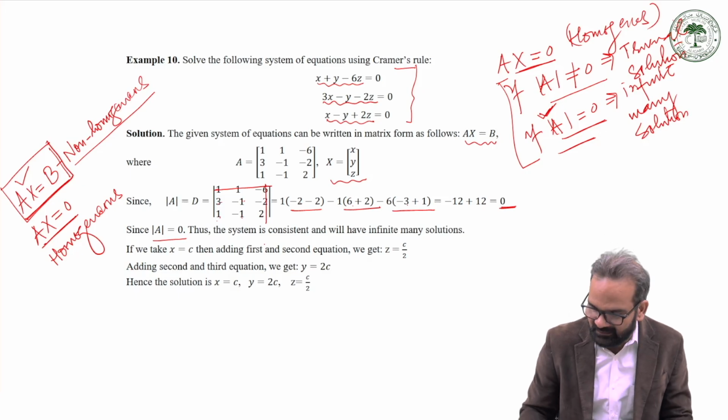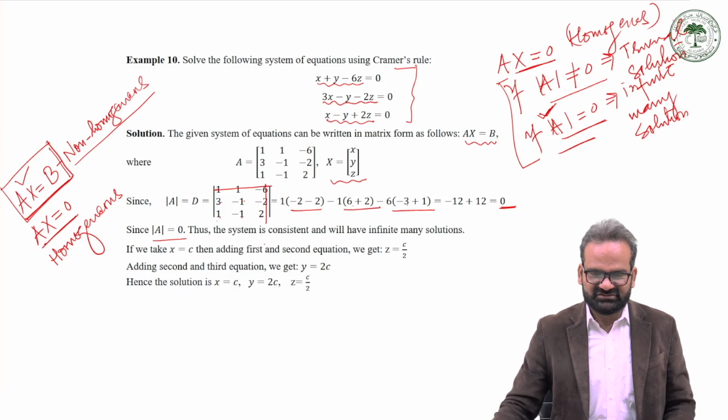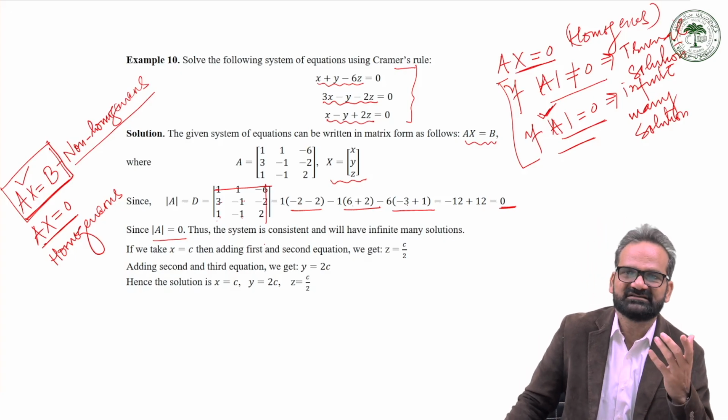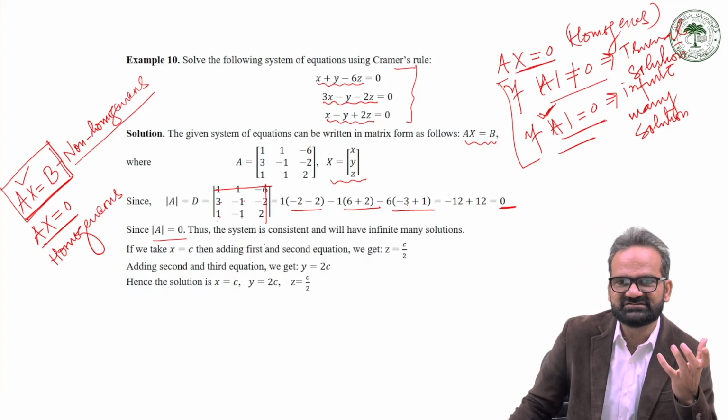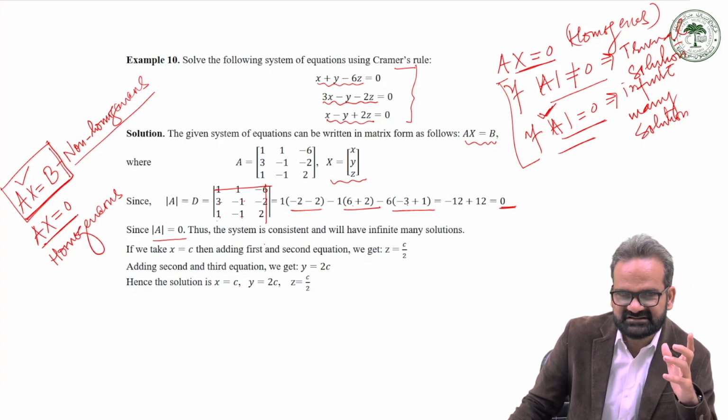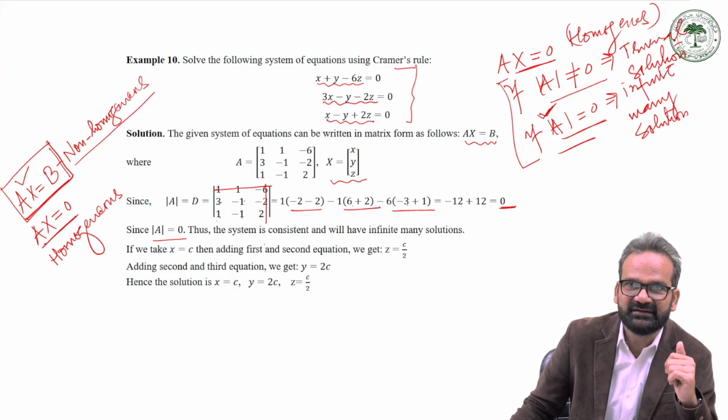I have told you the meaning of infinitely many solutions: it simply refers to values of the variables x, y and z in terms of any constant quantity. By changing the value of the constant, the solution will also change. That is why we say that the system has infinitely many solutions.